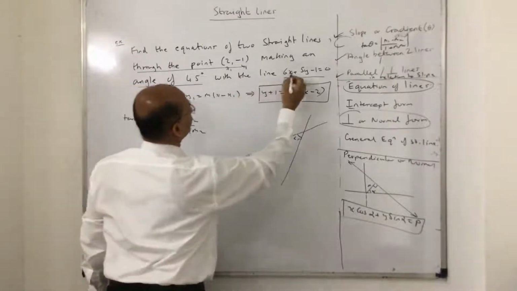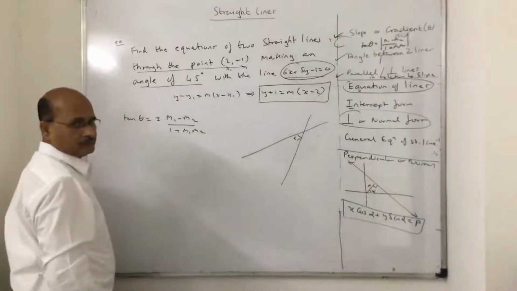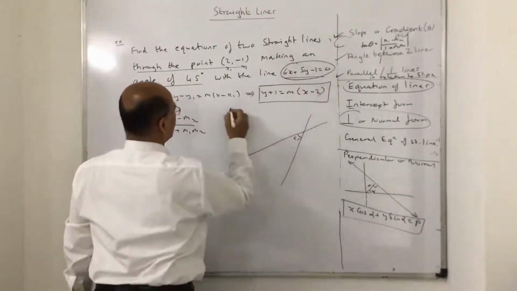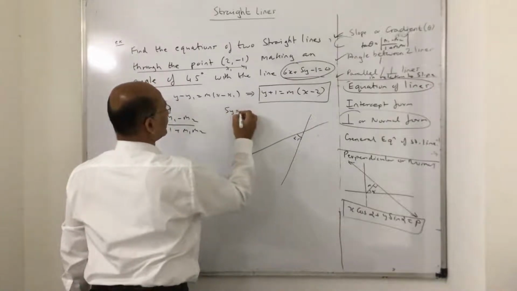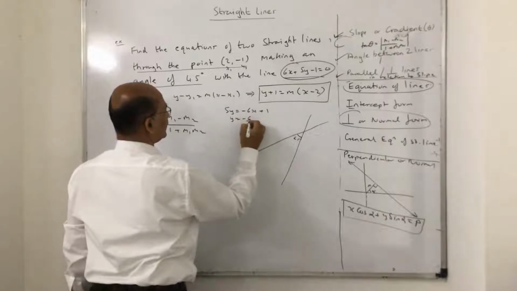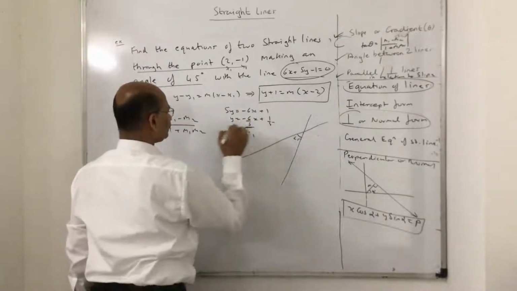The line is making an angle of 45 degrees with this particular line, so from here I can find the slope. Here y is equal to minus 6 by 5 x plus 1 by 5. So this is my m1.